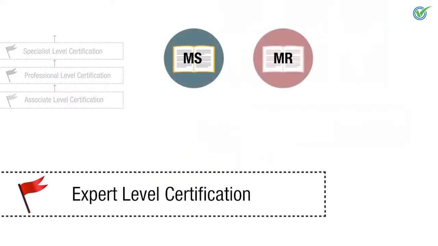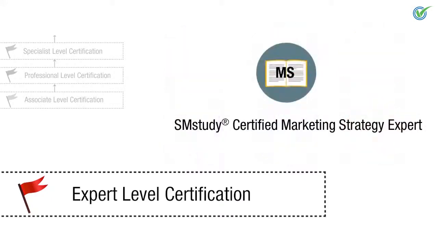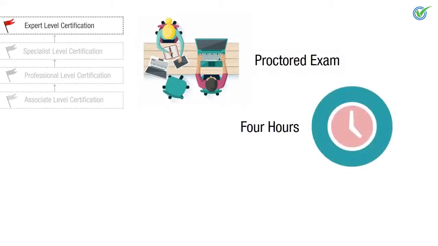Expert level certifications. All aspects of sales and marketing have an associated expert level certification. For example, SMstudy Certified Marketing Strategy Expert. The certification exams are proctored, and candidates have 4 hours to complete each exam.